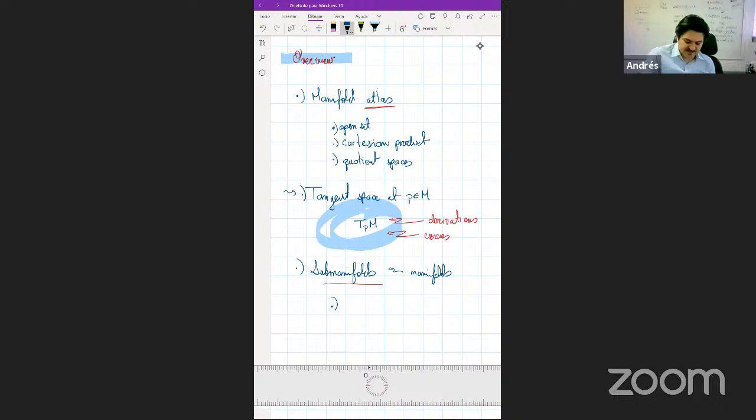So we have seen for any smooth map, we have a linear map between finite dimensional vector spaces, like this.